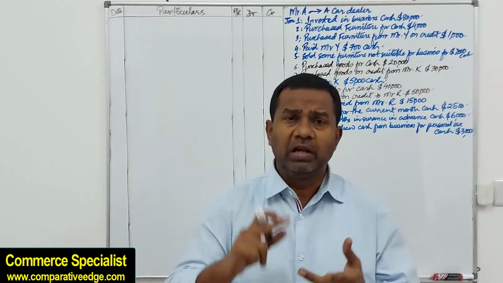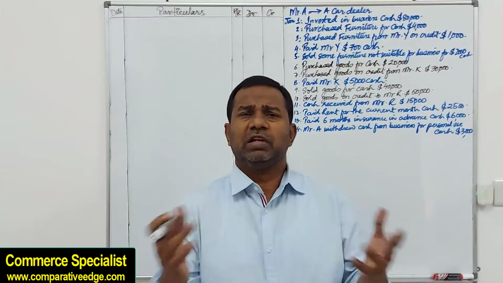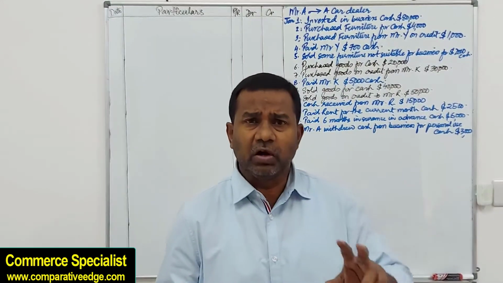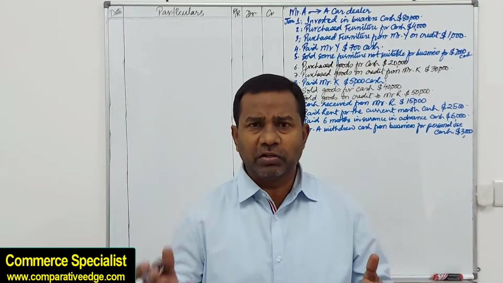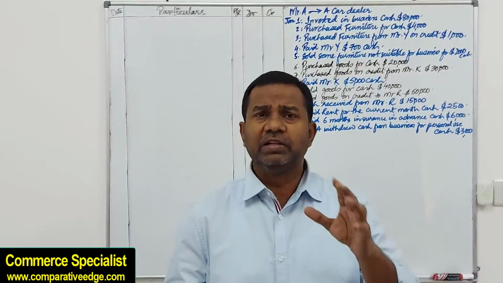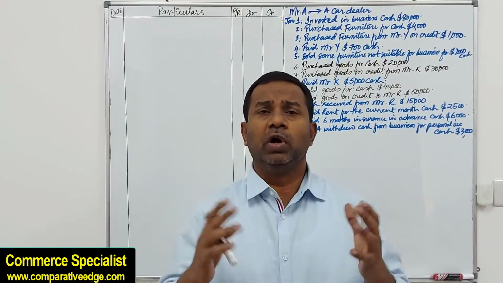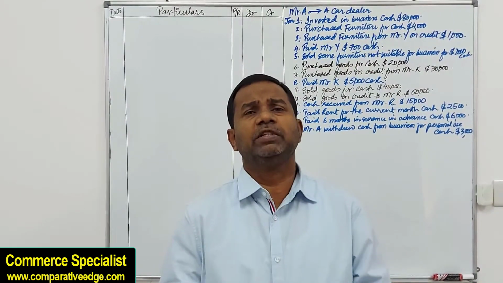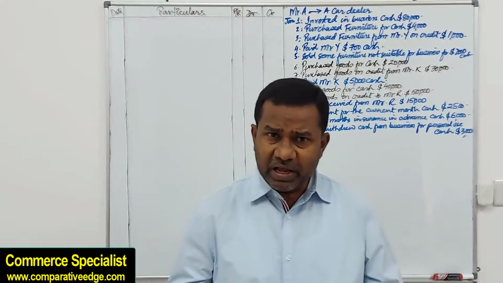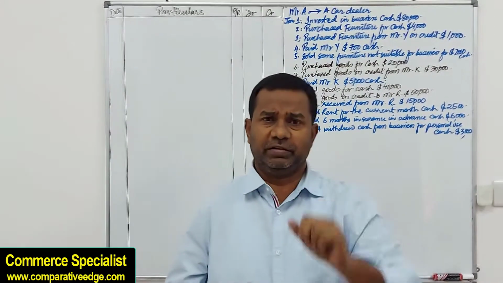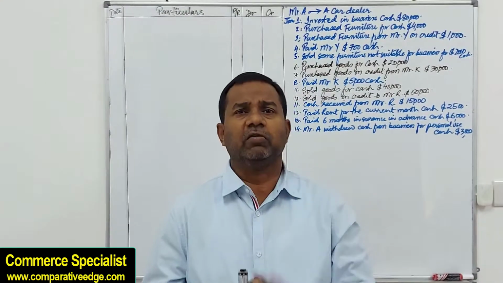Number two, just like Newton's third law of motion, to every action there is an equal and opposite reaction. We are talking about action and reaction, two effects. Ladies and gentlemen, the second accounting principle is known as the dual aspect. We also call it the principle of double entry, which states that in all these transactions, there are a minimum of two effects, debit and credit.